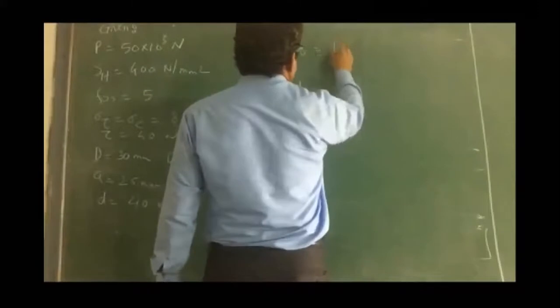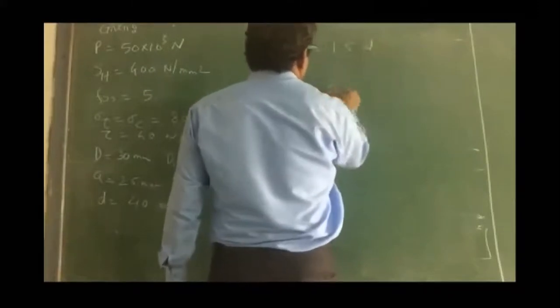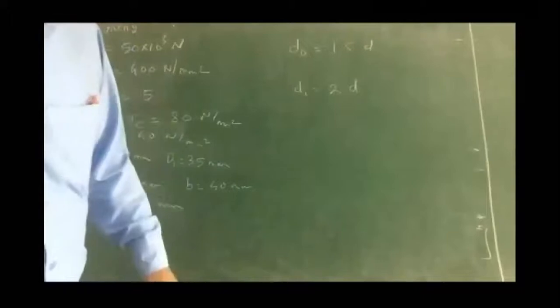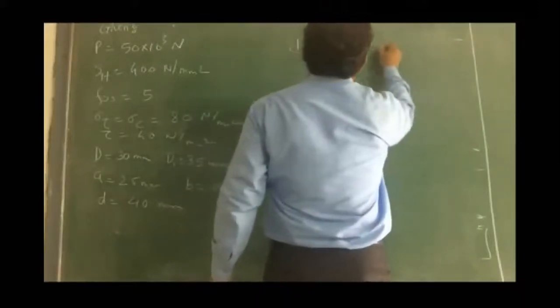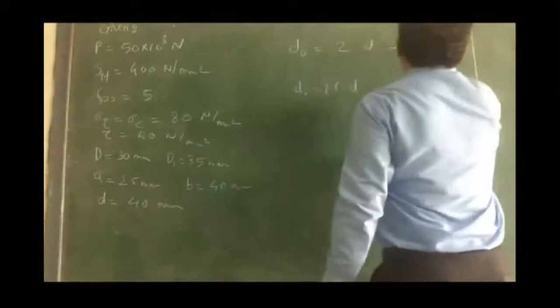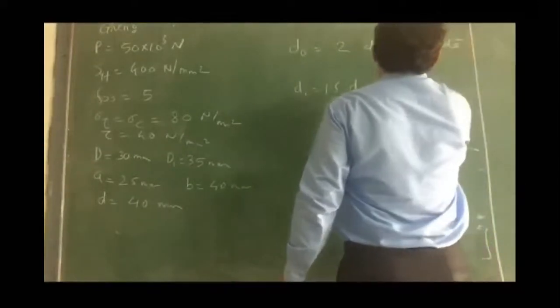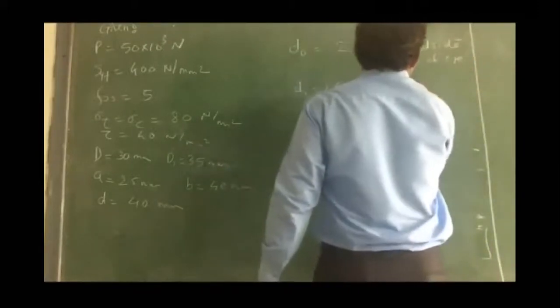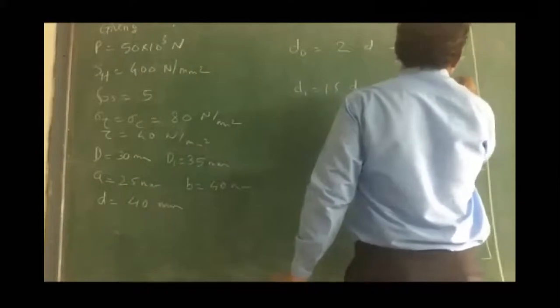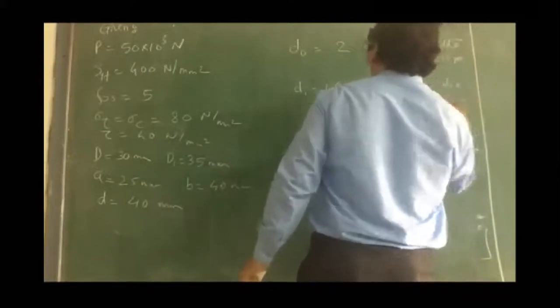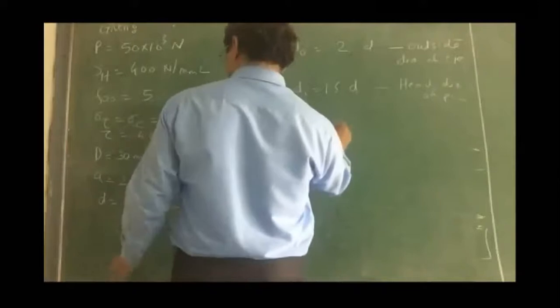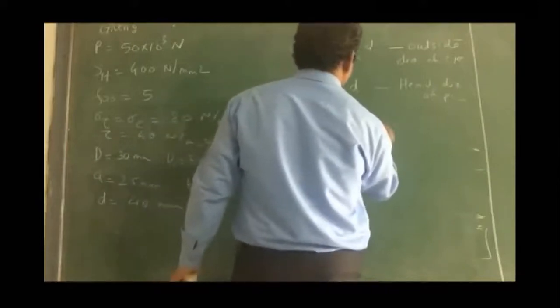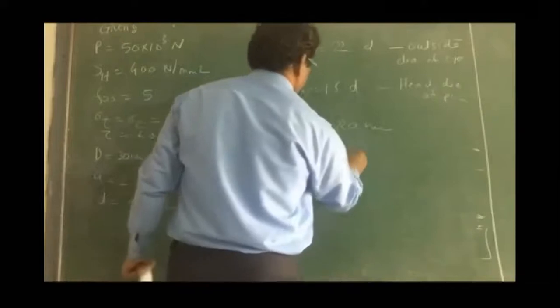D0 is 2 times d, the outside diameter of the eye, and D1 is 1.5 times d, the head diameter of the pin. So D0 is 80 mm, and D1 is 60.